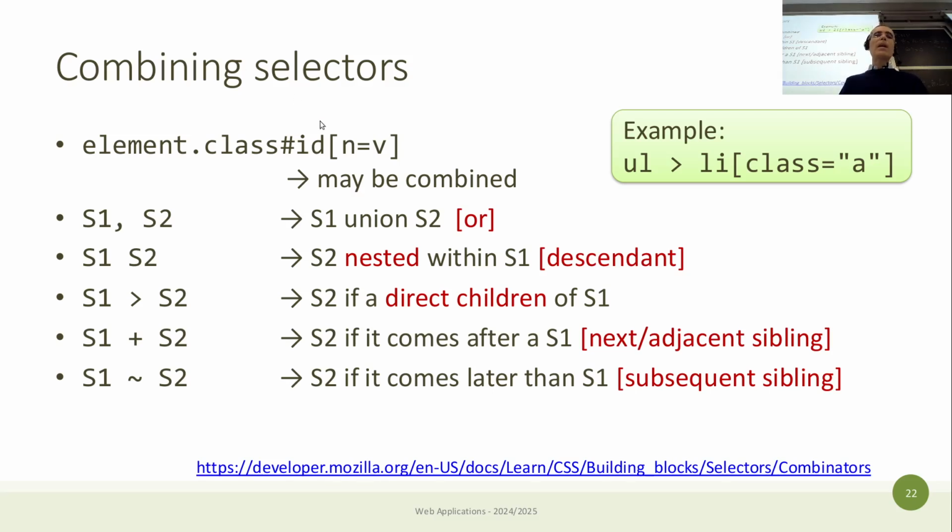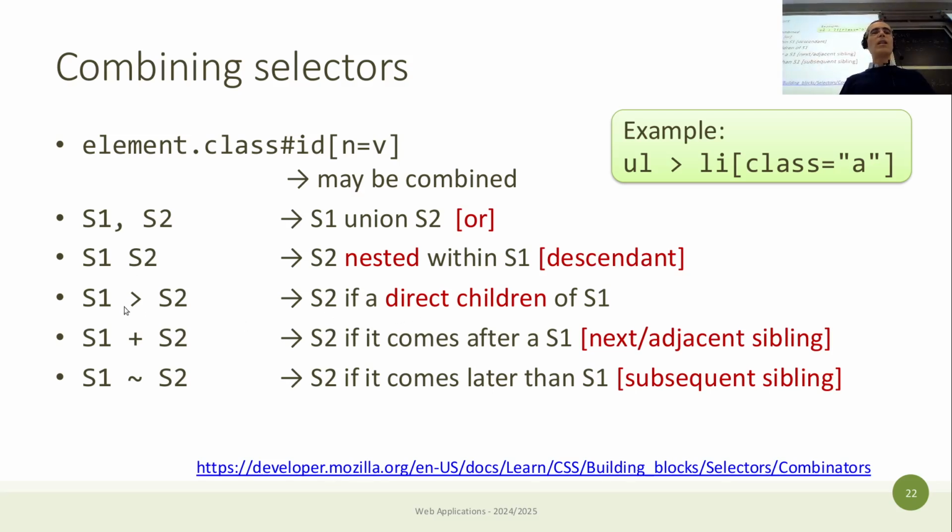I mean, selectors can be combined. We already saw the comma, right? So basically, we want to apply the same rule to two selectors, just separate with the comma, okay? Be careful that the space is not a comma. It's S1 S2, so the second one needs to be nested within the S1, okay? It's not at the same level or somewhere in the document.